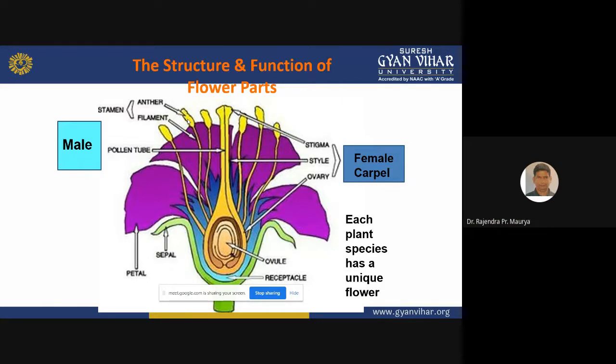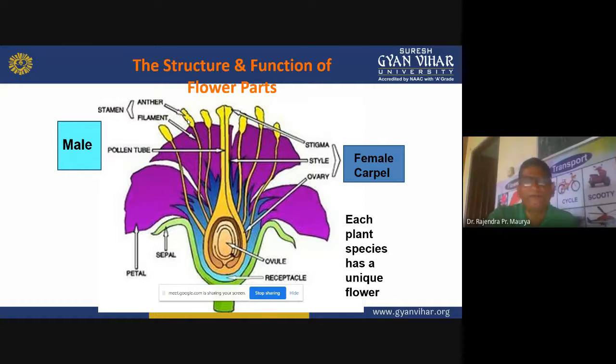So filament and anther are a part of male flowers. Male flowers are staminate flowers, or the androecium, and female flowers are also the gynoecium.